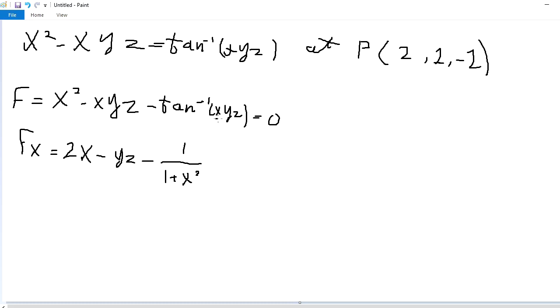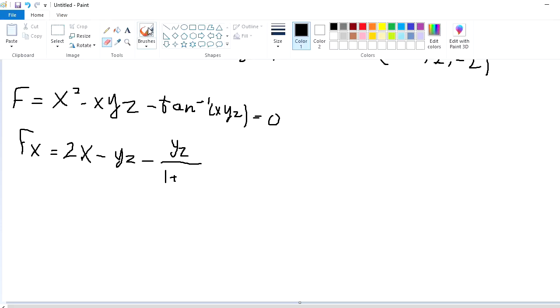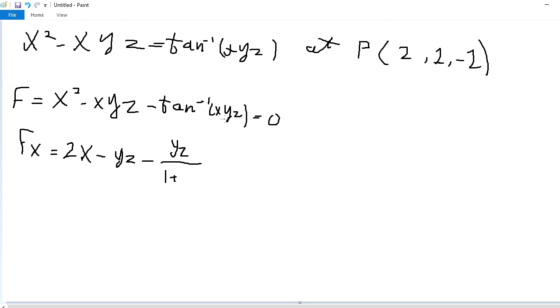Taking the derivative with respect to x is going to be 1, so what's left here is y times z, and instead of 1 plus x squared, you have 1 plus (x times y times z) squared. So this is the tangent inverse derivative. And yeah, this is it. And let's take fy, for example.